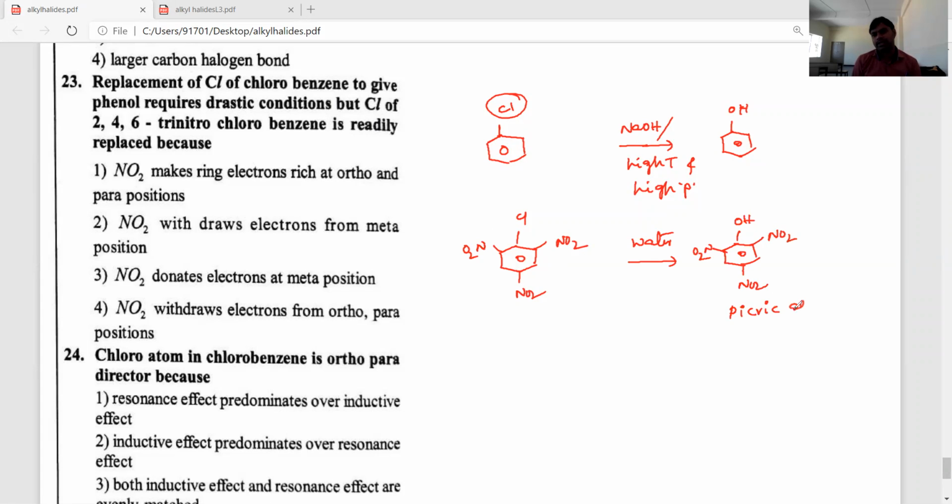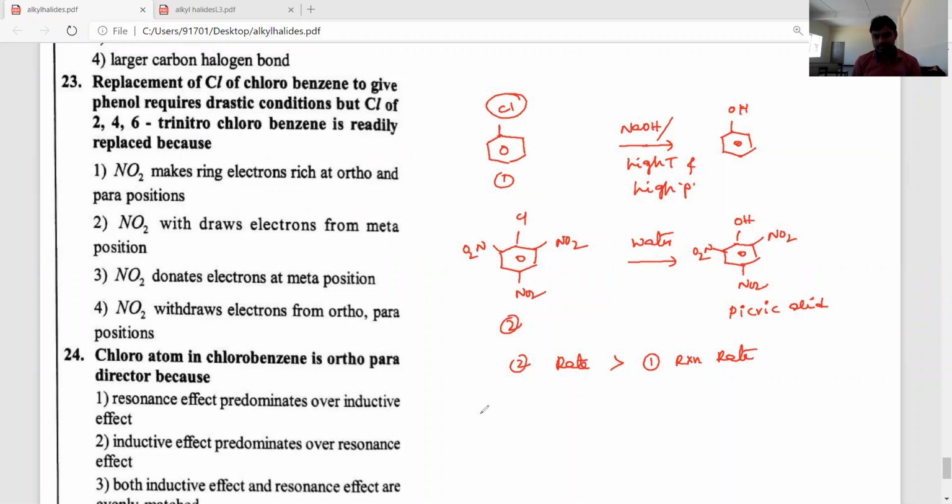This is very important. This is the first reaction and that is the second reaction. The second reaction rate is more when compared to the first reaction rate. Why? Because aryl halides are less reactive in nucleophilic substitution reactions.